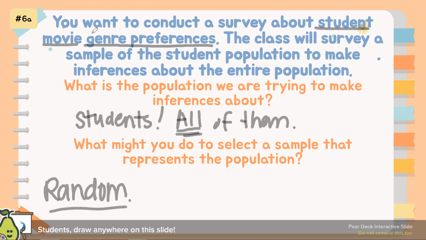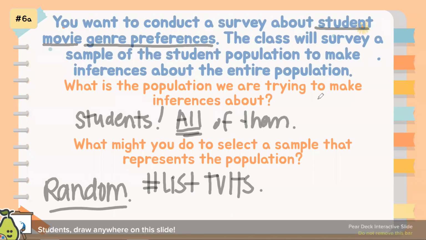Maybe we make a numbered list of students at TVHS and pull their numbers randomly, with a random number generator, to select a sample population, and then repeat this process for other schools. So we could make a numbered list of students at TVHS and select students randomly to ask them about their movie genre preferences.